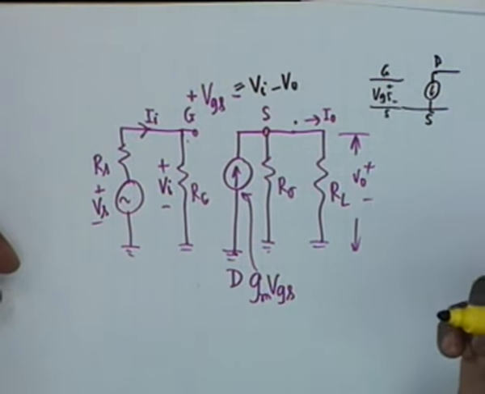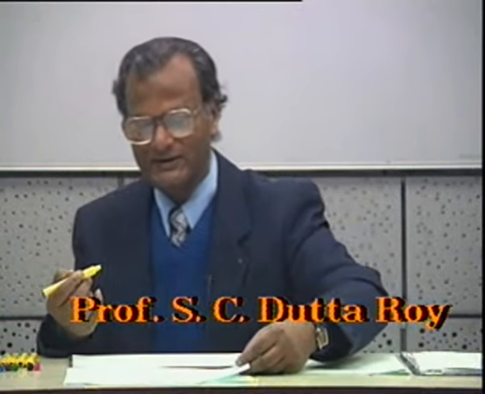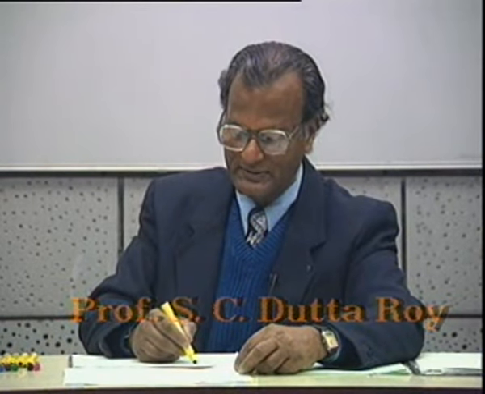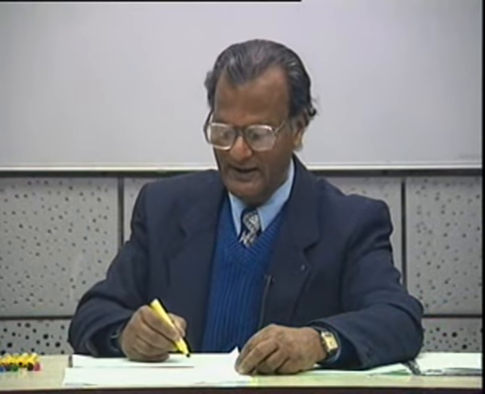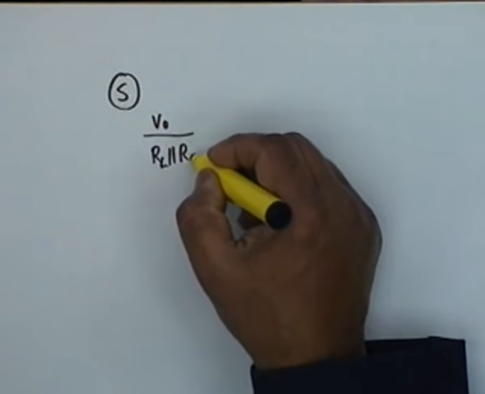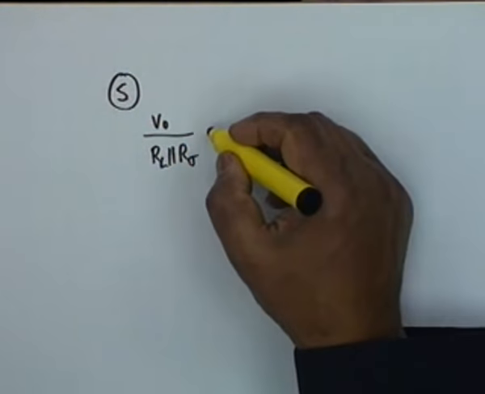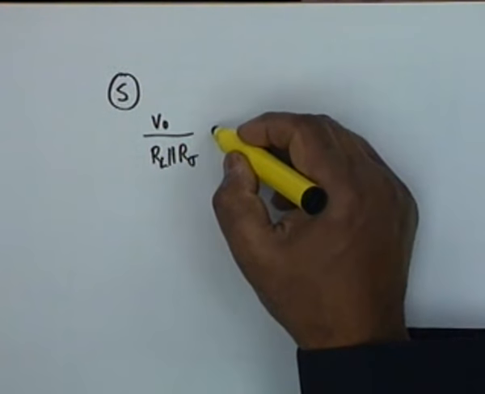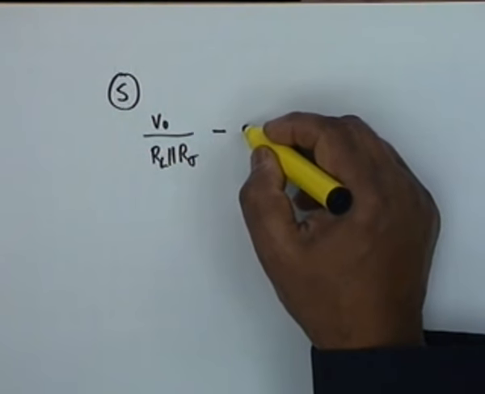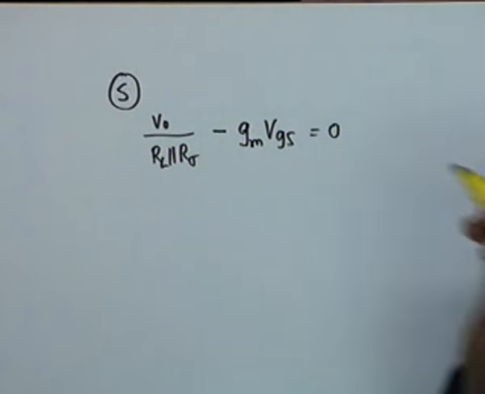Okay, that simplifies the analysis, because if I write the node equation at the source node, then I have V0 divided by RL parallel R sigma. This is the current going through the parallel combination of RL and R sigma. Then current going out and the current coming in, so this must be minus gm VGS. This should be equal to 0.